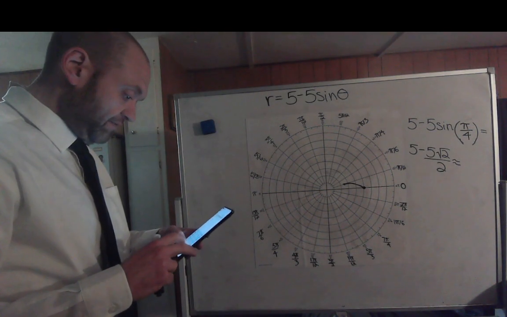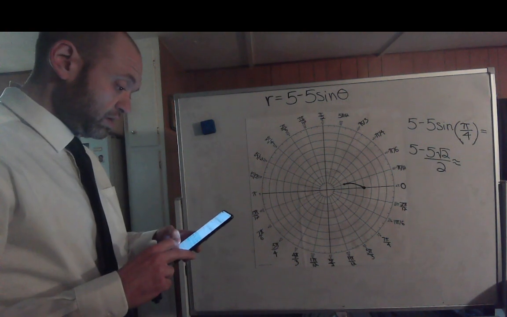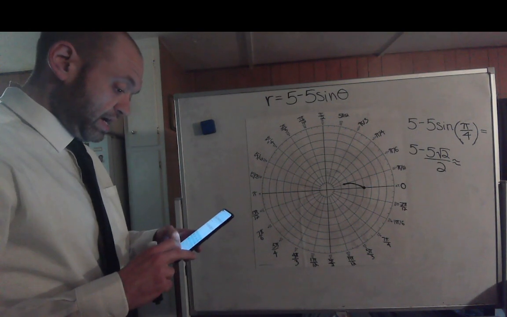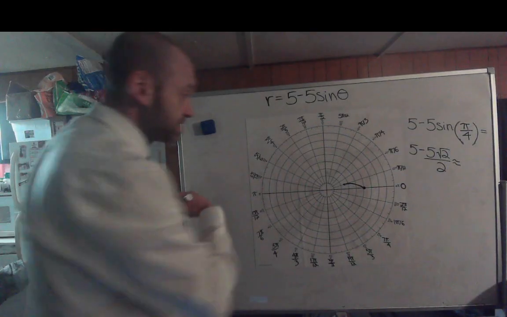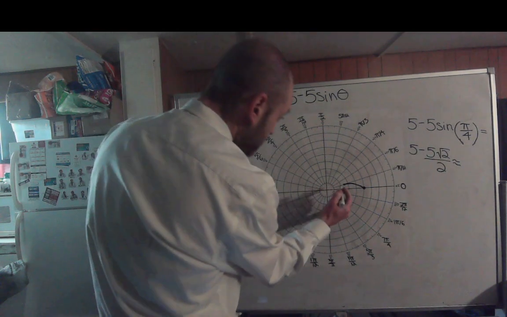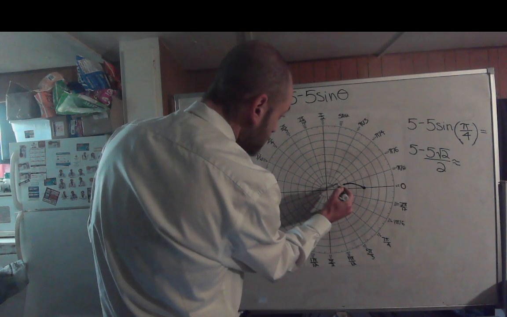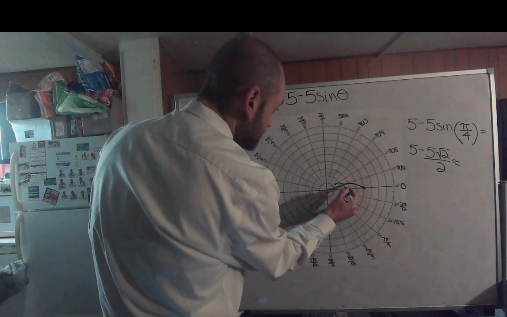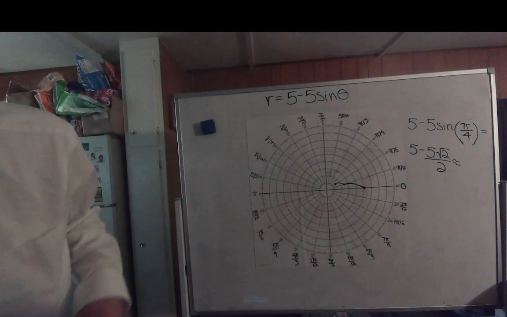Now let's see, negative 5 times the square root of 2, divide that by 2, add 5 to that, you get about 1.46. So at pi over 4, you have a little bit less than half there. And yes, it is normal to get this type of curvature, but something really cool is going to happen.